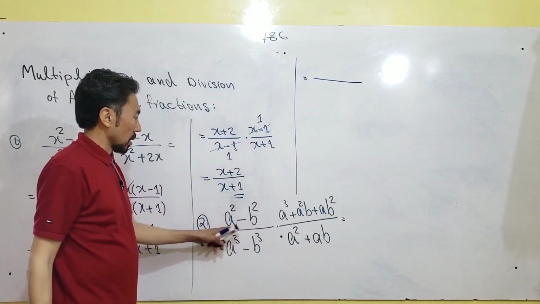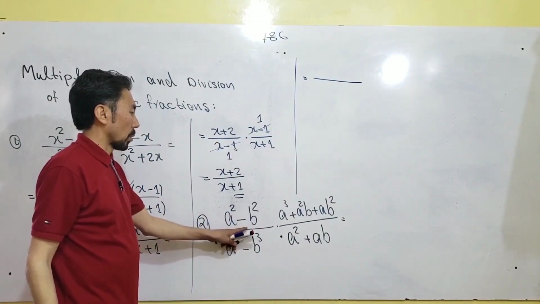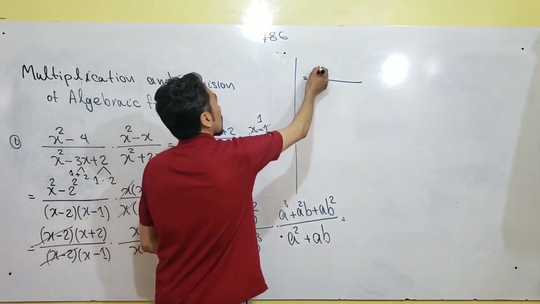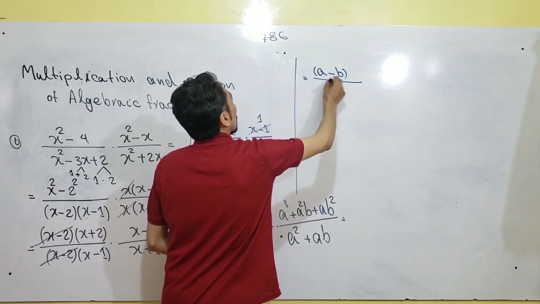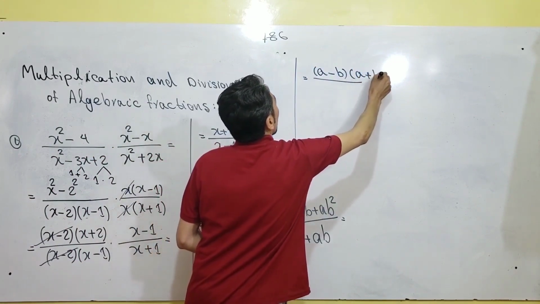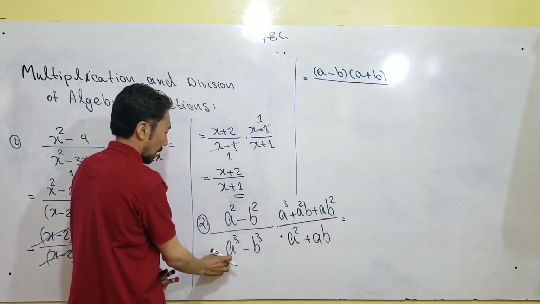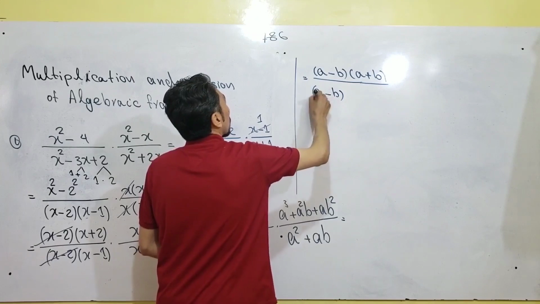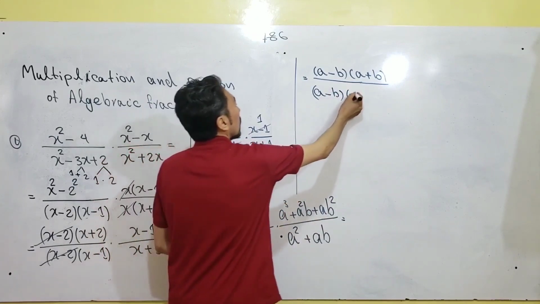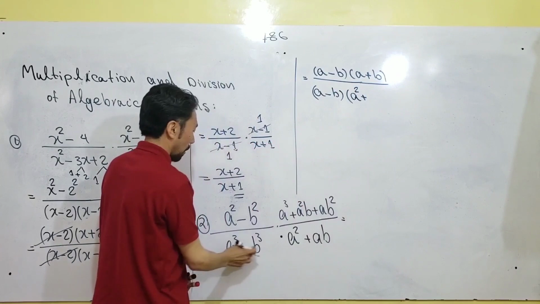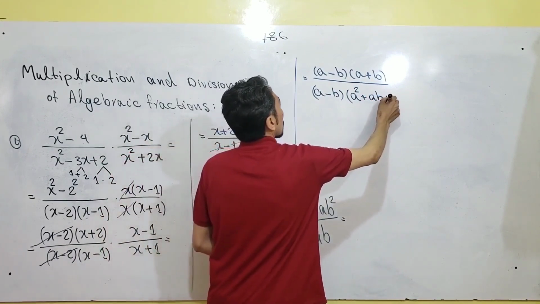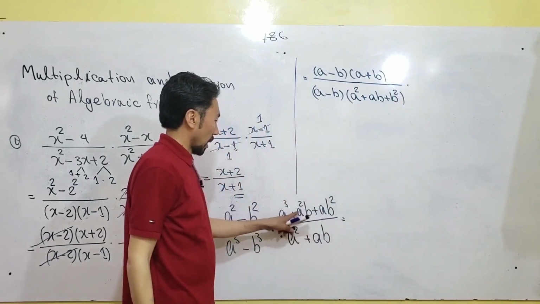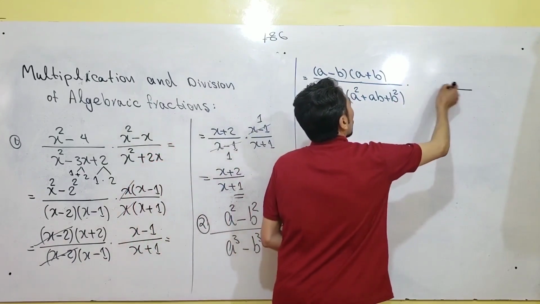We factorize this polynomial into different brackets. For example, we have (a minus b) multiplied by (a plus b), it is a famous identity we know. Over, (a minus b) multiplied by (a squared plus a multiplied by b plus b squared), multiplied by, here we bring out the a from all of the terms.